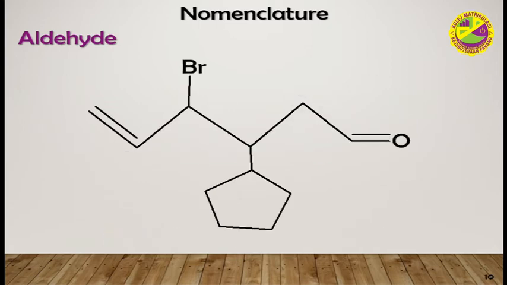Okay, last example for aldehyde. Firstly, we number the carbon chain 1, 2, 3, 4, 5, 6. There is 6 carbon chain, which means the parent name is hexanal. If we look at the structure, there is double bond at carbon 5.